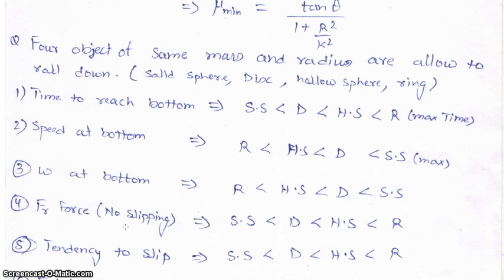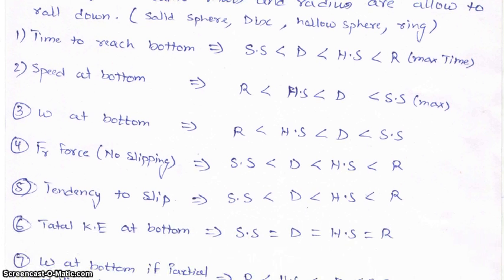Friction force in case of no slipping: again I told you that more the acceleration, less will be the friction. So ring has minimum acceleration, that's why it has maximum friction. Tendency to slip is maximum in case of ring, because it requires maximum friction.